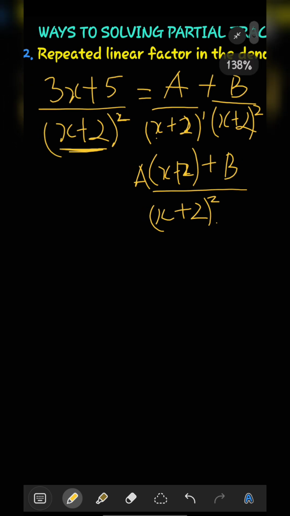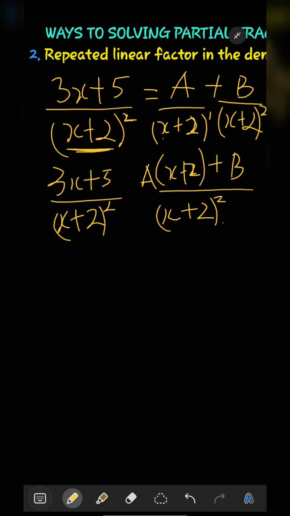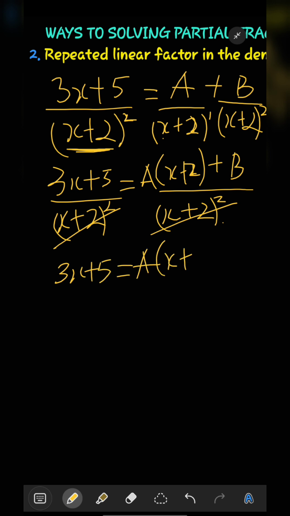So the left hand side will have 3x plus 5 all over x plus 2 all squared. So the denominators can cancel each other on both sides. So we'll be having 3x plus 5 is equal to a into x plus 2, plus b.